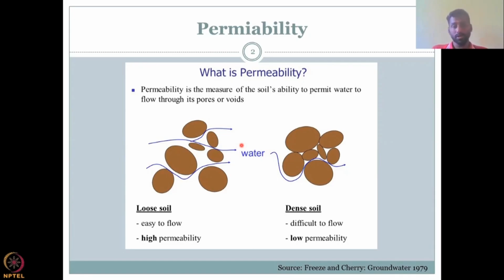So in a loose soil, water can easily flow, and it is called high permeability. In a dense soil, where the particles are closely packed, the porous space is less, and because the porous space is less, the permeability is less. So in a dense soil, it is difficult for water to flow due to the low permeability.